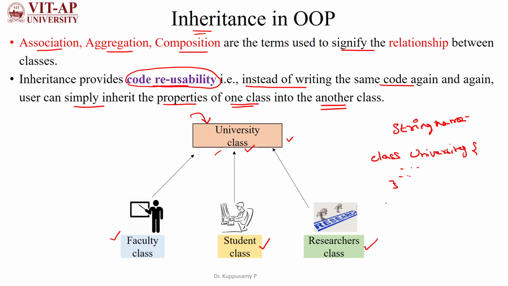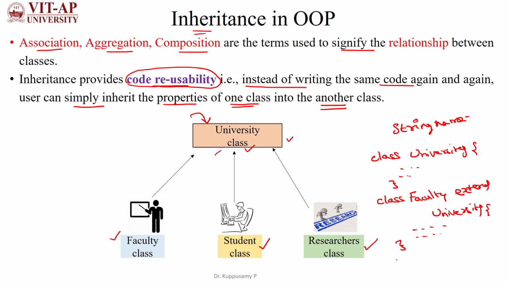Like that, we can extend the university class by defining the faculty class. It extends the university class, and we can define our own methods and variables here, then end the class.